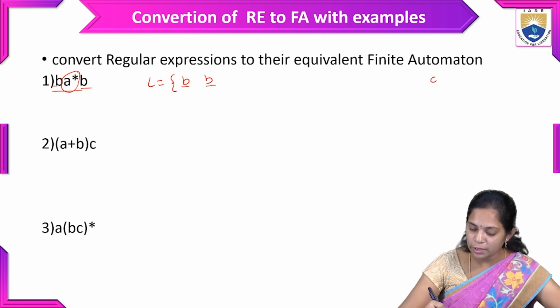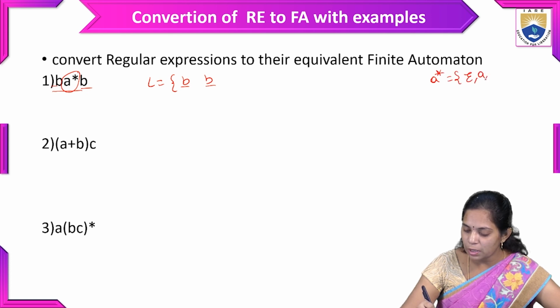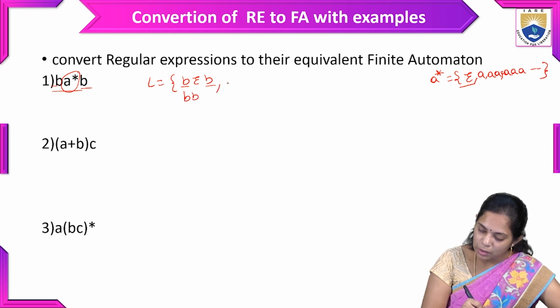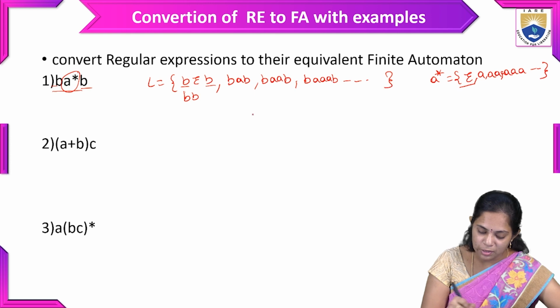We already know that a star contains epsilon, a, and multiple a's, and so on. Epsilon is also included, so the minimum length string is bb. So the language is bb, bab, baab, and so on, with multiple a's.